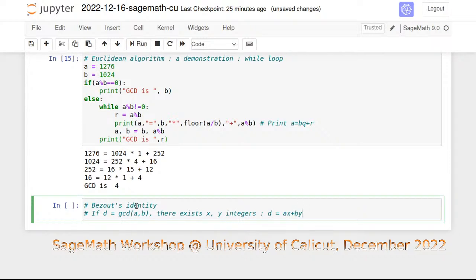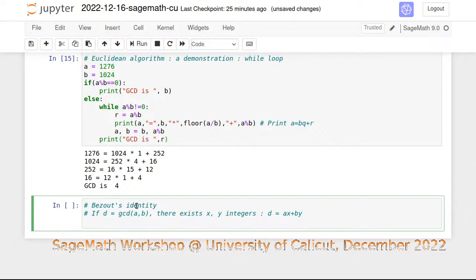This is what Bezout's identity says. X and Y are usually known as Bezout coefficients.